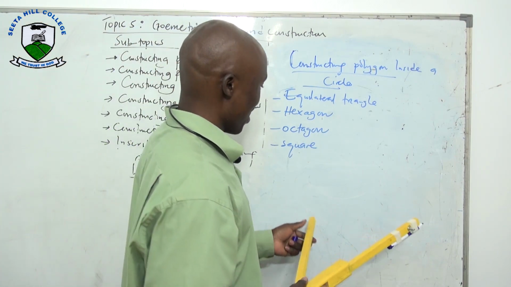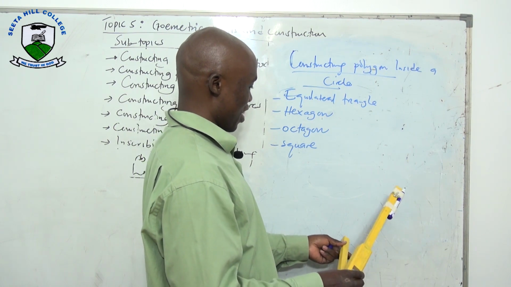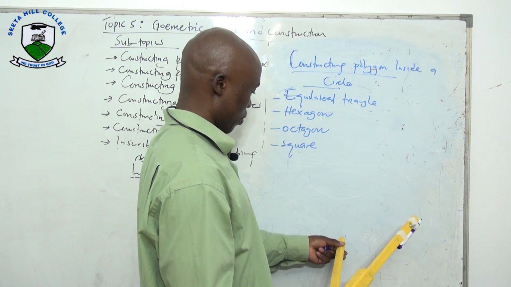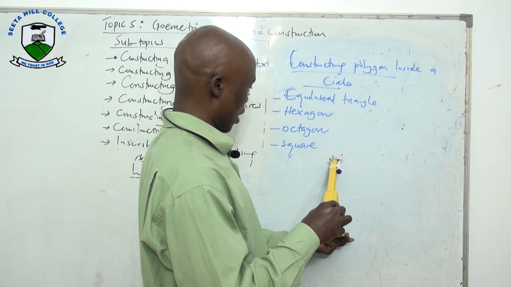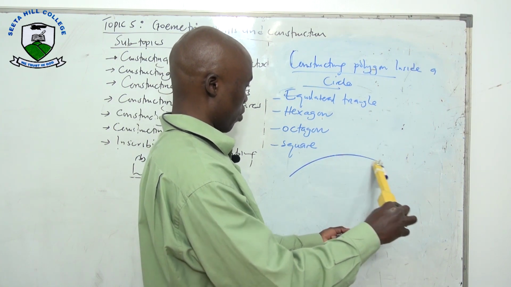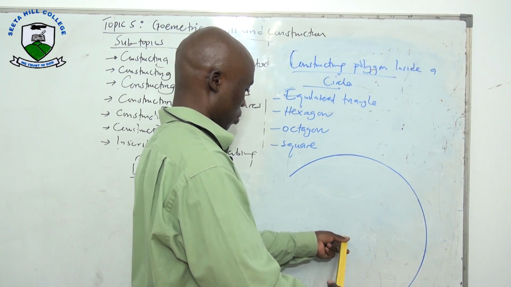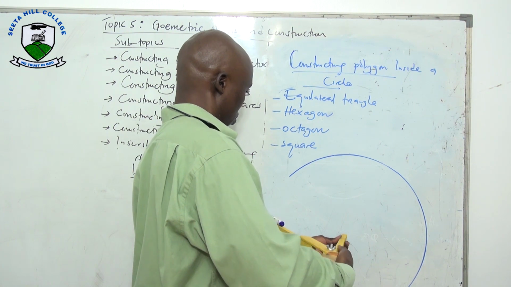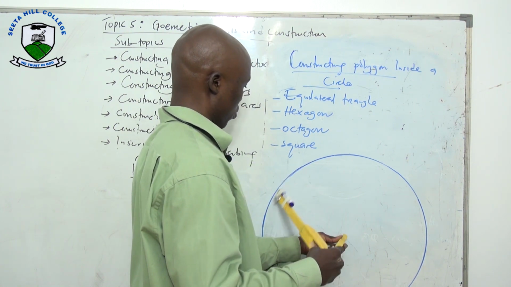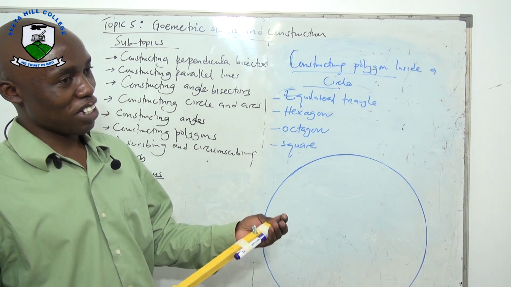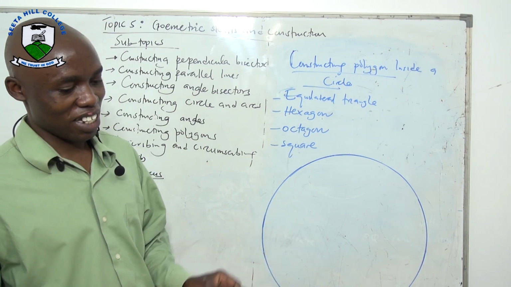Now, I will demonstrate here. Let me make that my center and draw my circle, a big circle. Now we want to put a square inside.